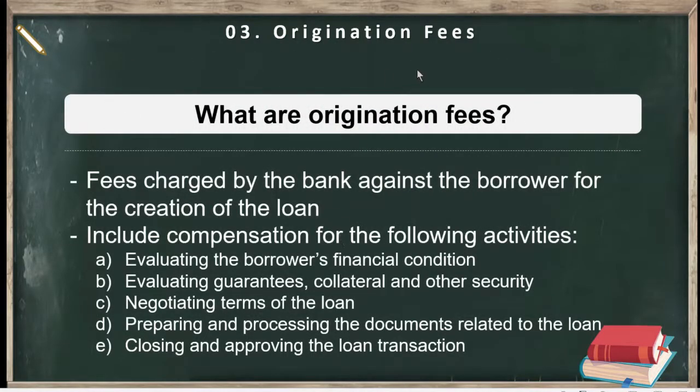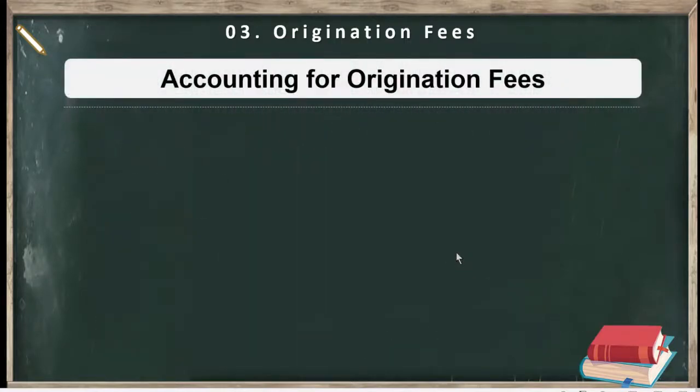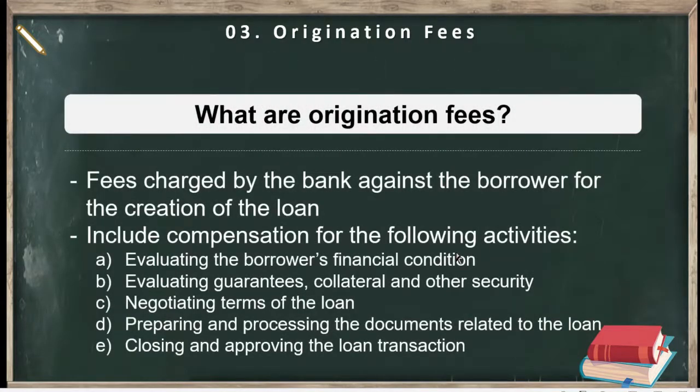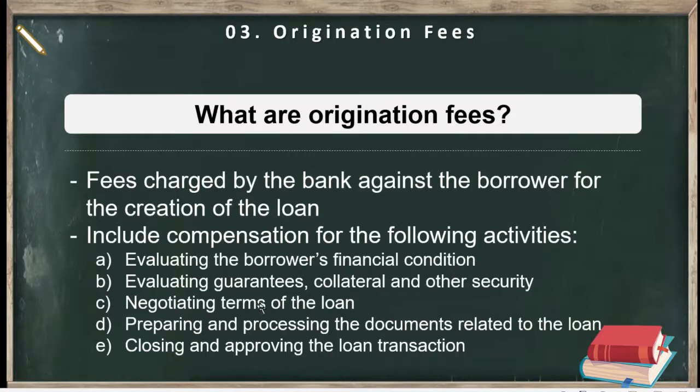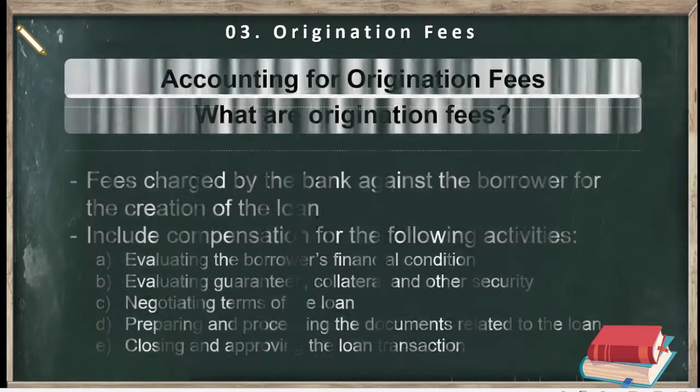So what are origination fees? These are fees charged by the bank against the borrower for the creation of the loan. This would include compensation for the following activities: evaluating the borrower's financial condition, evaluating guarantees, collateral, and other security, negotiating terms of the loan, preparing and processing the documents related to the loan, and closing and approving the loan transaction.